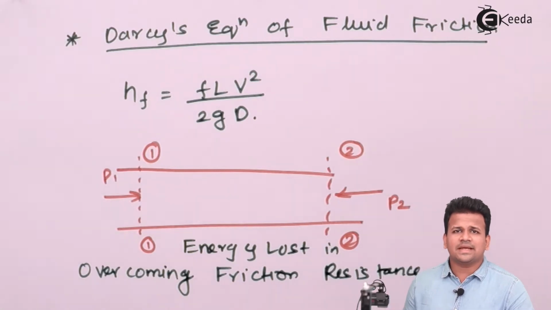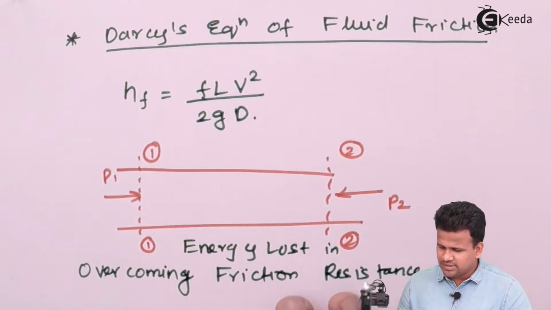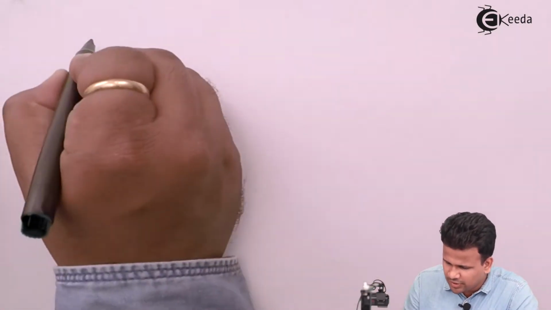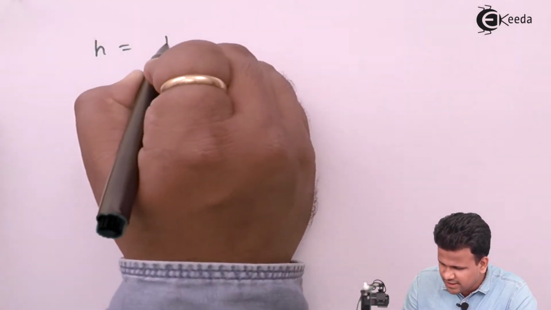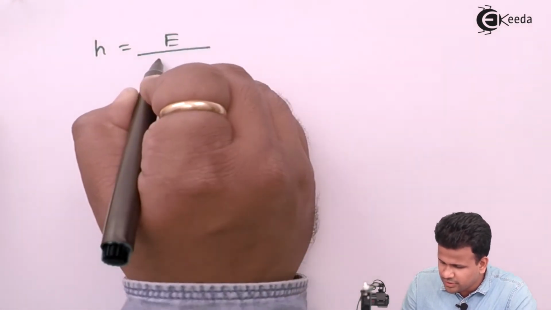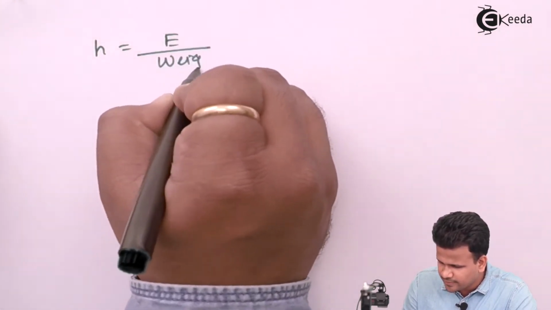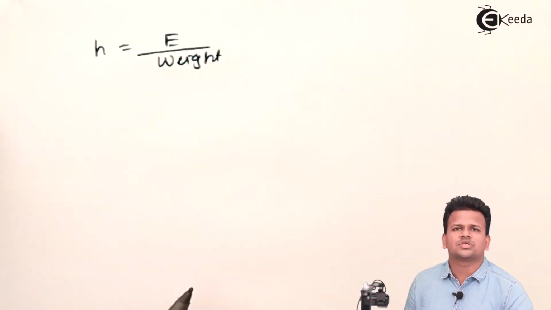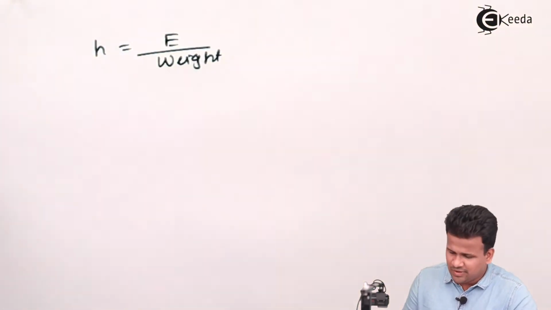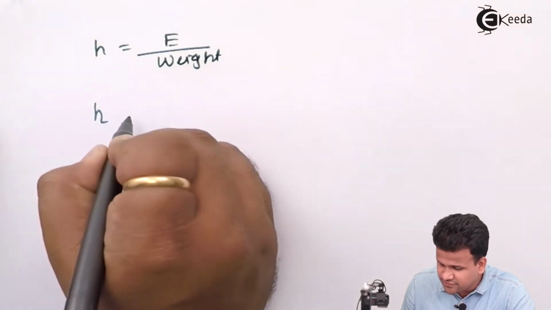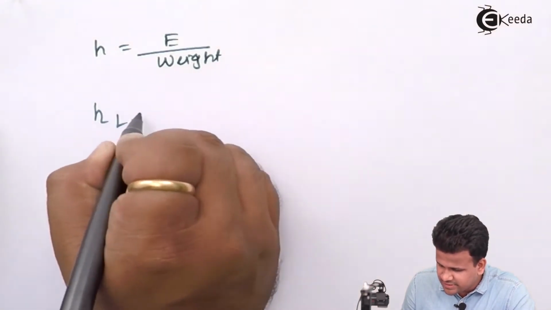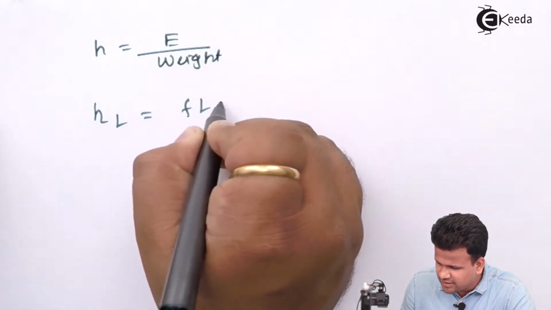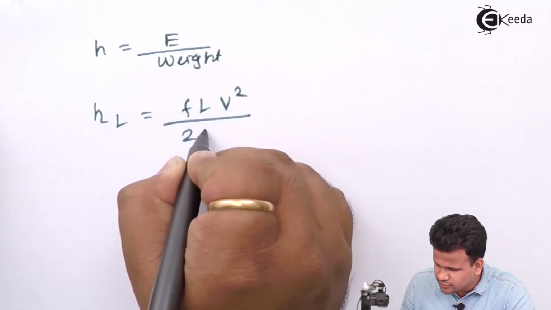Now what exactly is head loss? Head loss is defined as energy per unit weight. So the energy lost per unit weight is called head loss, which is given by Darcy's formula, that is h_L equals f L V squared upon 2 g d.